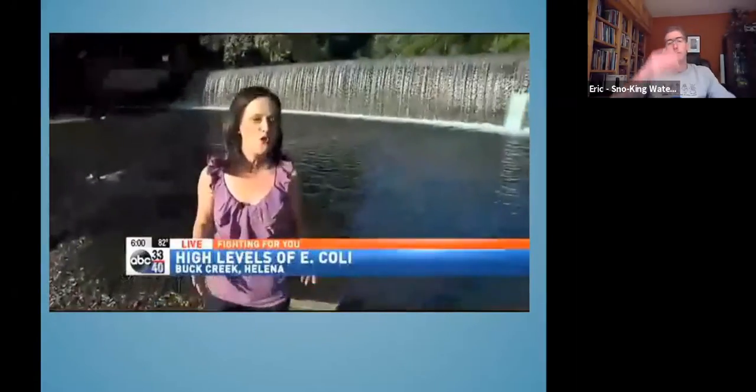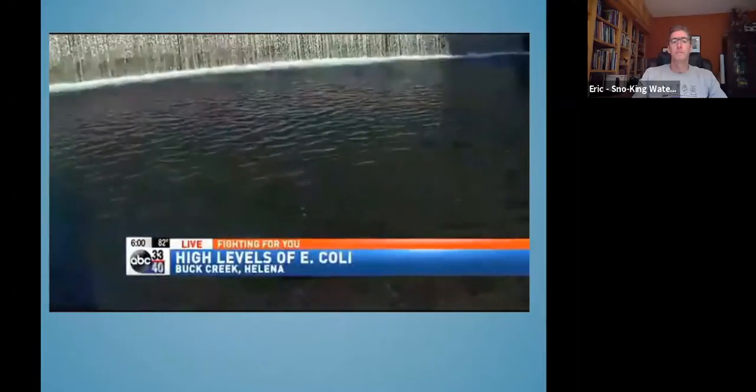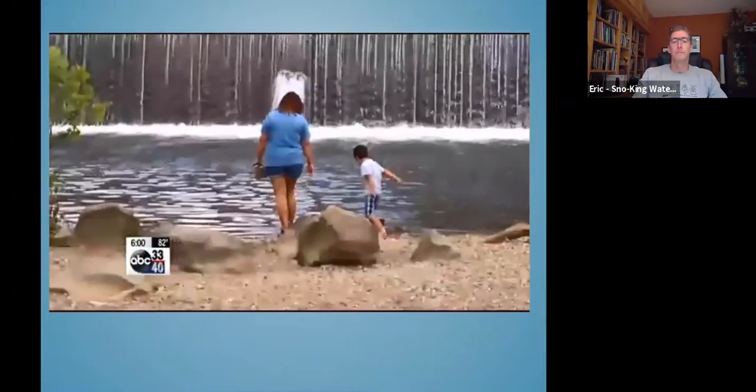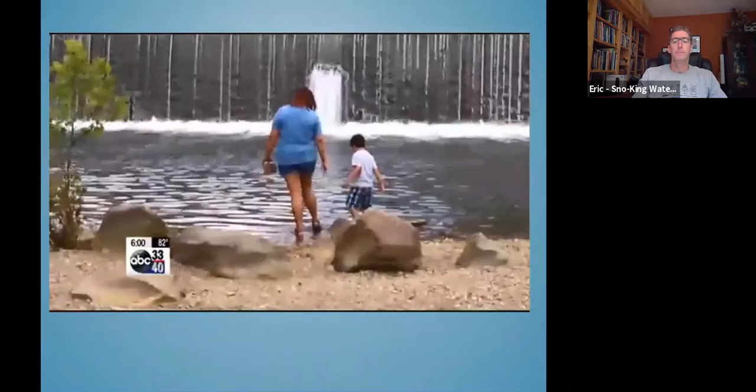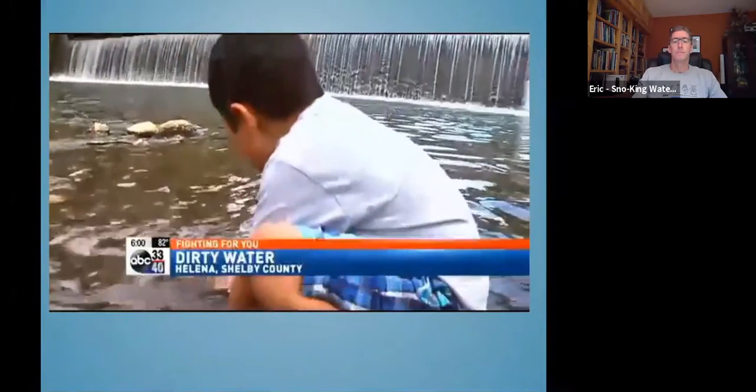Well, Dave and Brenda, the executive director of the Cahaba Riverkeeper, says a dip in this water could make you sick. There are no federal or state agencies regulating Alabama's creeks, and certainly no signs warning about dirty water before you take the plunge. Janet Hernandez and her 4-year-old son often skip rocks in Buck Creek, but they have a rule: feet and only feet first.